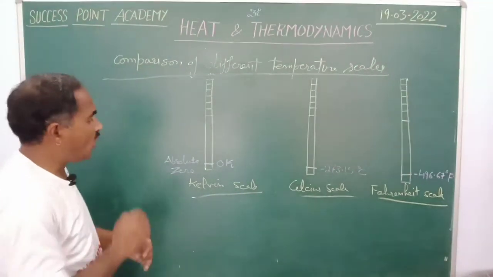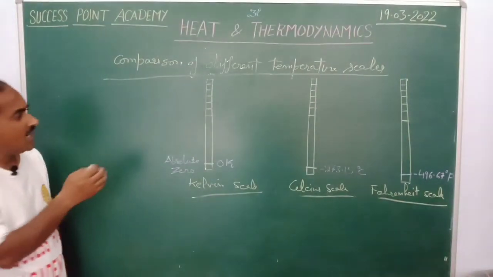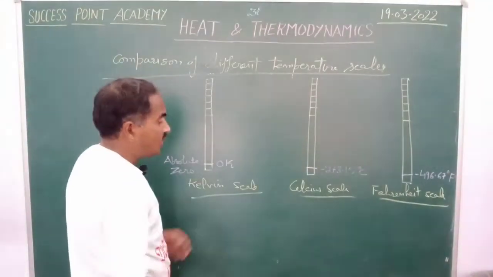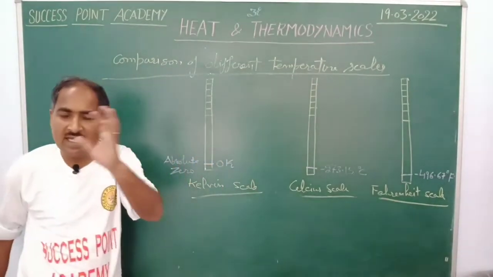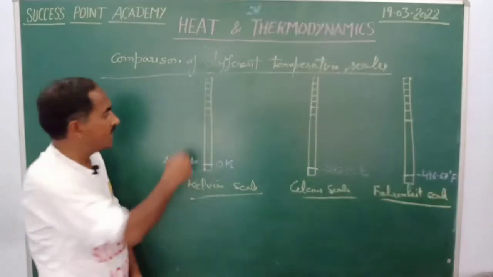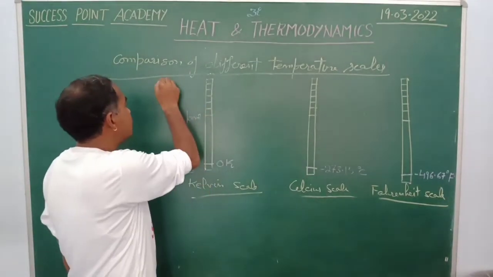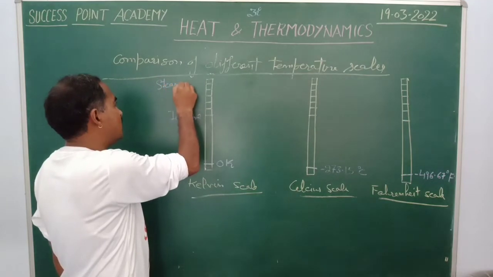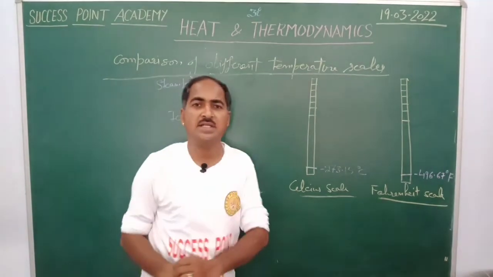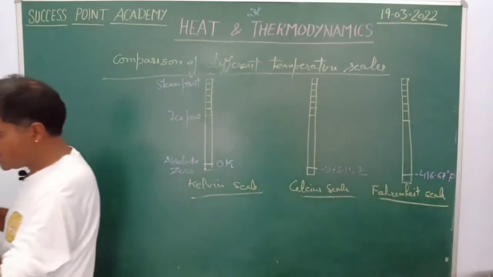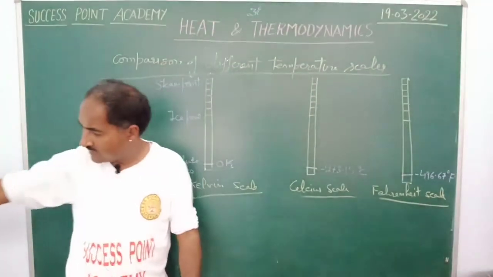And suppose, students, we now have two things, ice point and steam point. On the Kelvin scale, as we have already discussed, the ice point is 273.15 Kelvin.